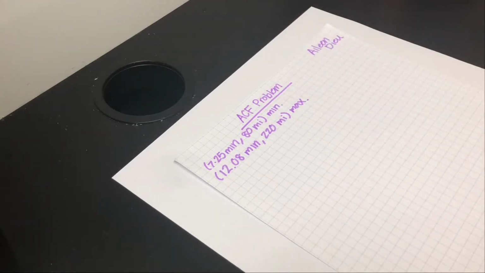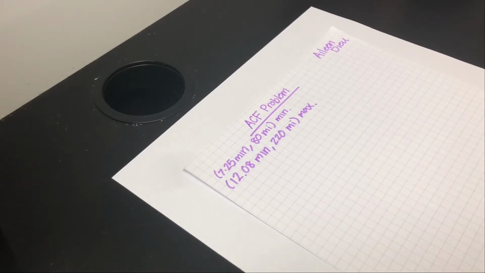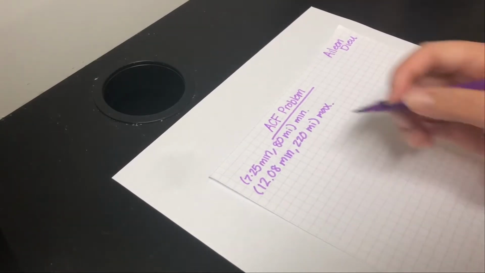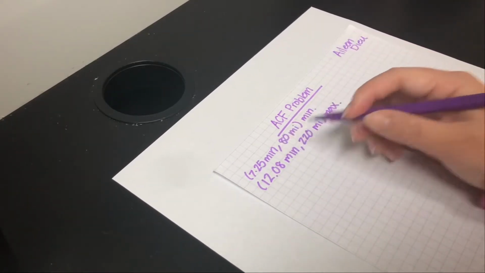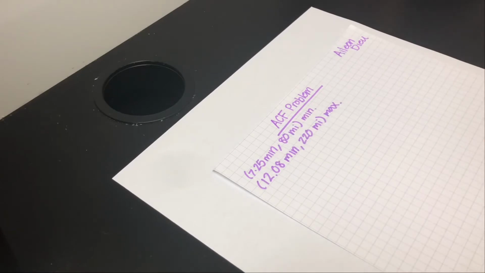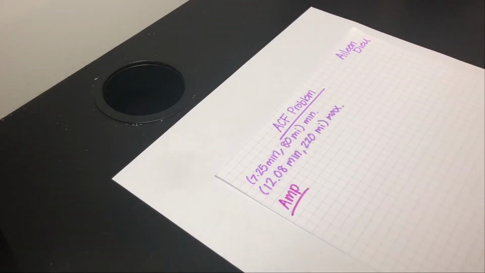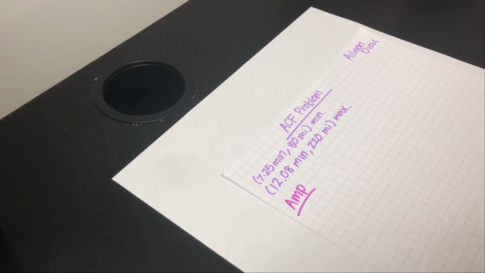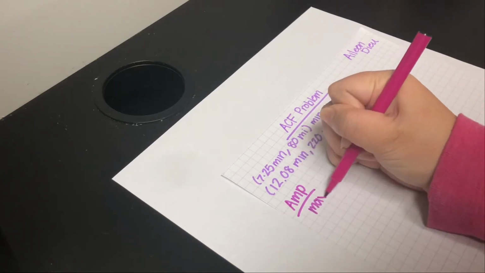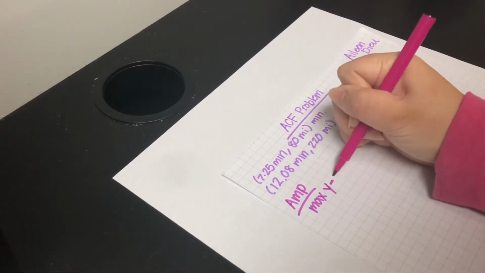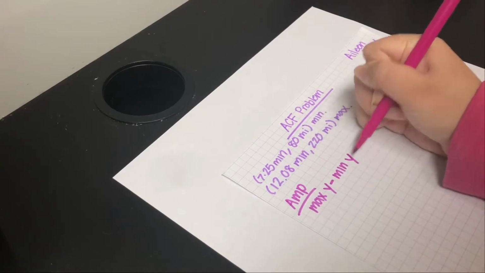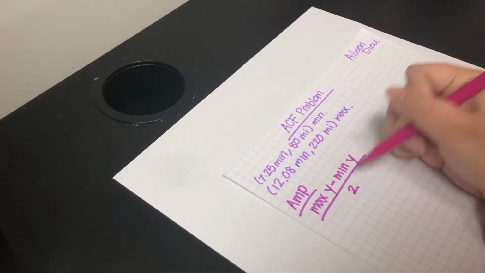And then from these given points, we can determine a sine function. So the first thing we're going to look for is the amplitude. The amplitude is the maximum y minus the minimum y, divided by 2.